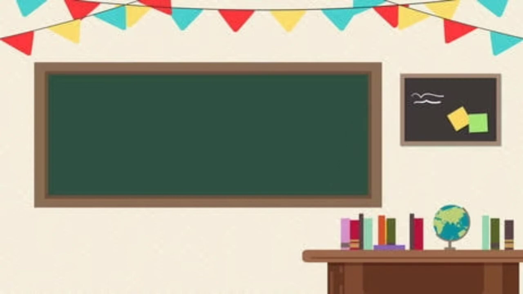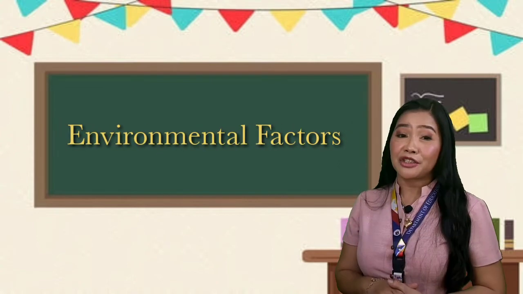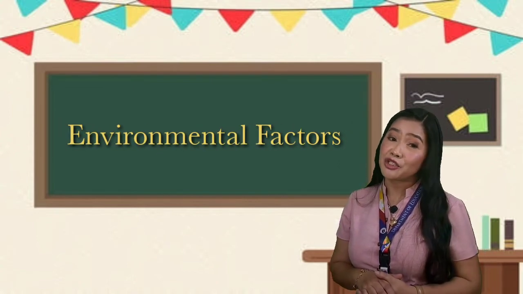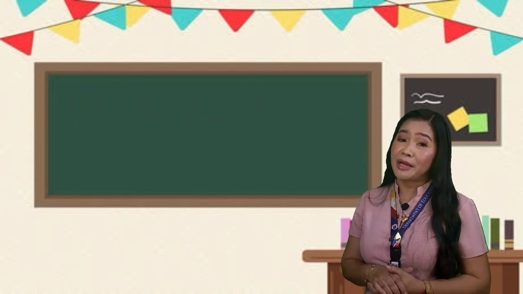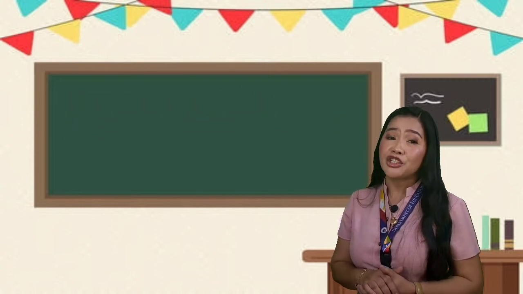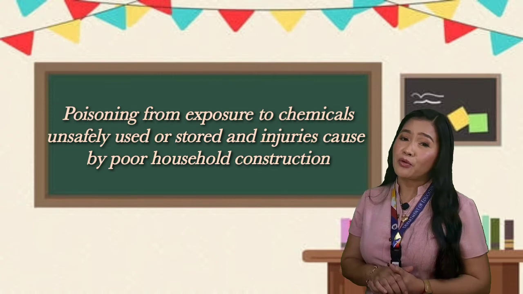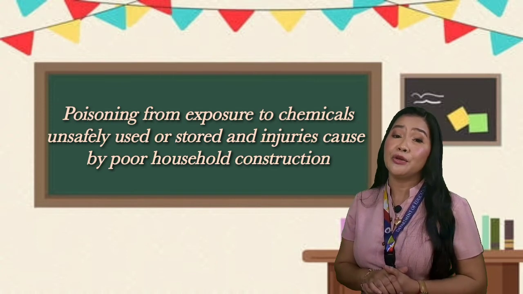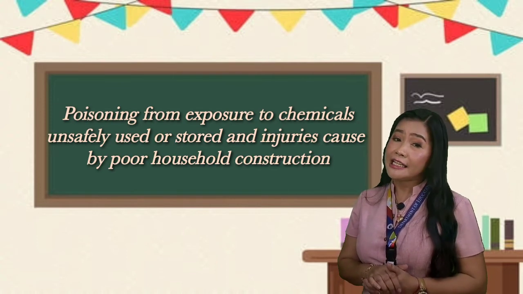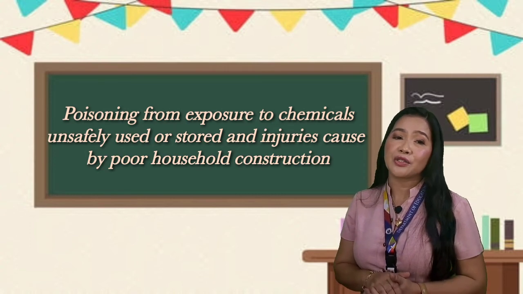Remember this. Environmental factors leading to injuries are often associated with other environmental health risks, such as poisoning from exposure to chemicals unsafely used or stored, and injuries caused by poor household construction.